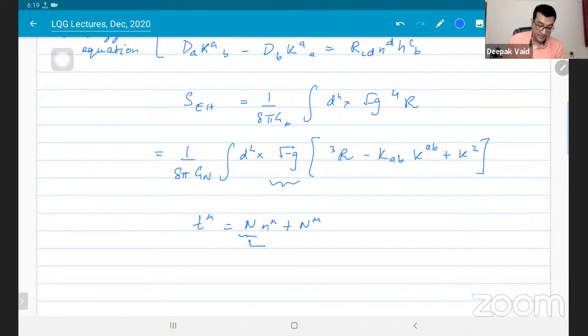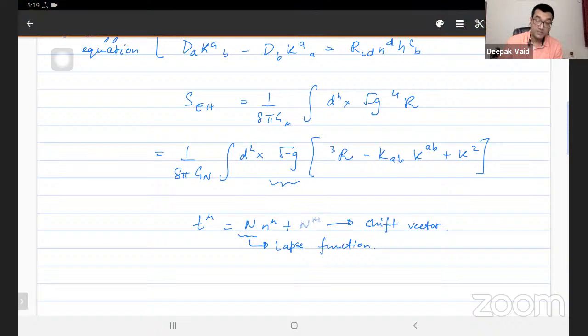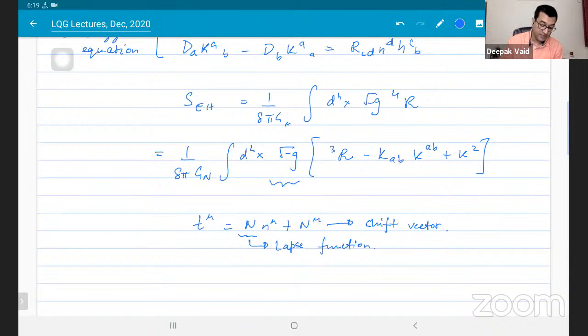And this is the lapse function, and this guy is called the shift vector field. So you can think of this as generating spatial diffeomorphisms. This maps the hypersurface to itself, and this vector field generates time-like diffeomorphisms. Well, the whole vector field is a time-like diffeomorphism.